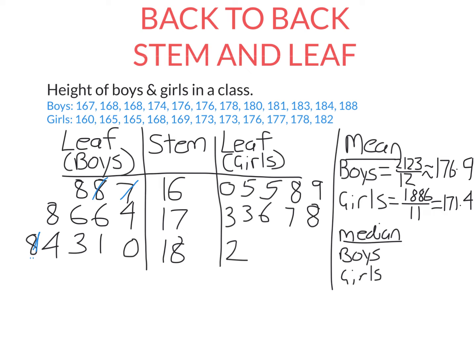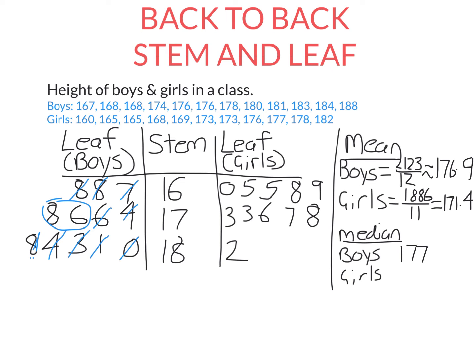Then I cross out second lowest, second highest, and keep going, crossing them out in this order, because what I'll end up with is the middle. Here, there are two middle scores because there is an even number of boys. 178 and 176 are the two middle scores, so the median is just the average of those. It's halfway between 178 and 176, which gives us 177.